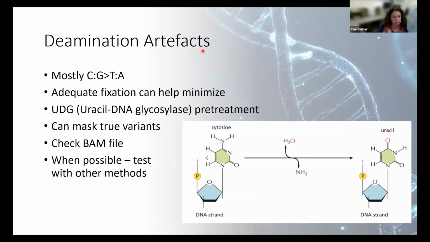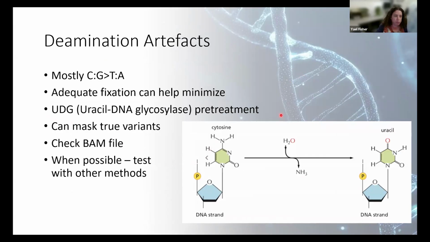It seems like most of these variants are actually deamination artifacts. So deamination artifacts usually are mostly C to T or G to A, okay? And adequate fixation can help minimize them. But when you have an old specimen, like in this case, that won't help.